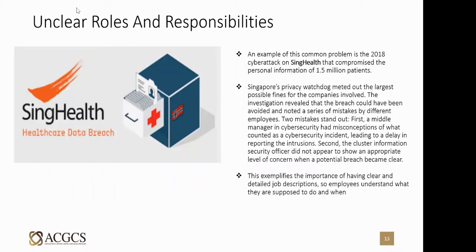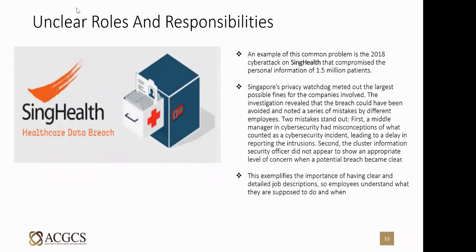A middle manager in cybersecurity did not have the proper knowledge or clarity of the roles and responsibilities of what a cybersecurity incident was, which obviously created a delay in understanding that there was actually an incident, that there was a breach. And there was also a secondary party that did not appear to show the appropriate concern.